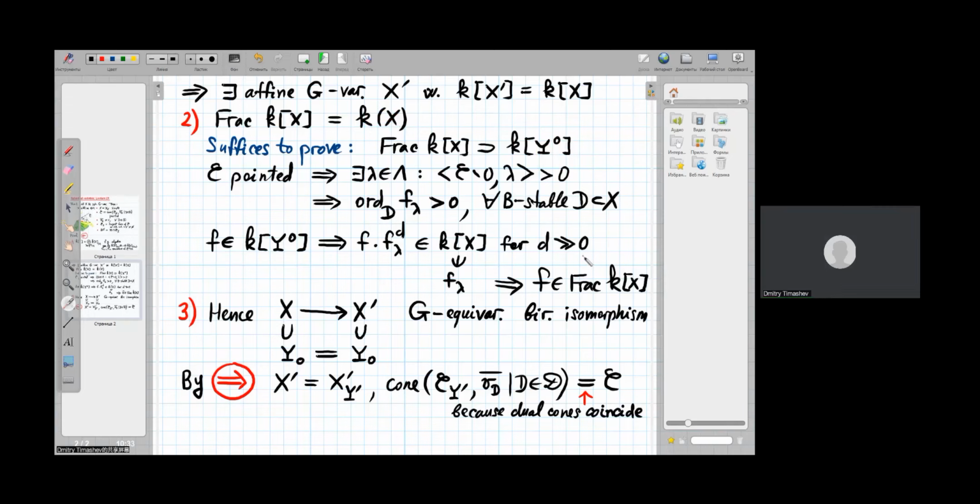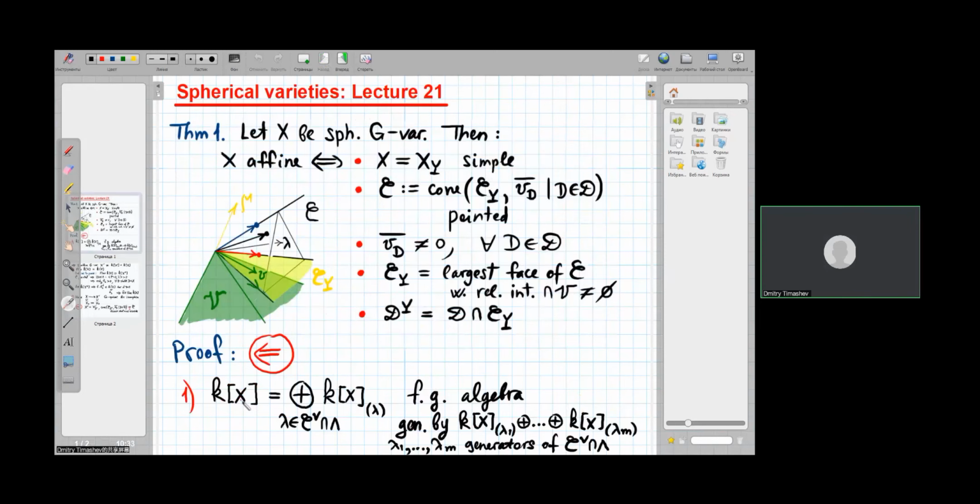I see. Exactly. So let me come back to the end of the proof. We see that these two cones coincide because the dual cones coincide. And the dual cones are recovered from the algebras of regular functions, because of this decomposition.